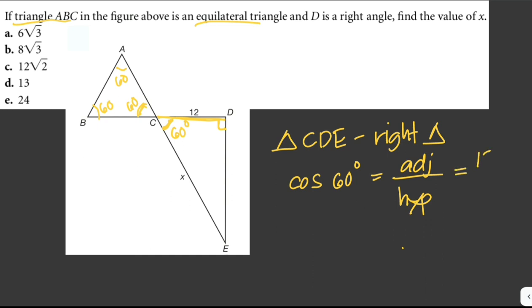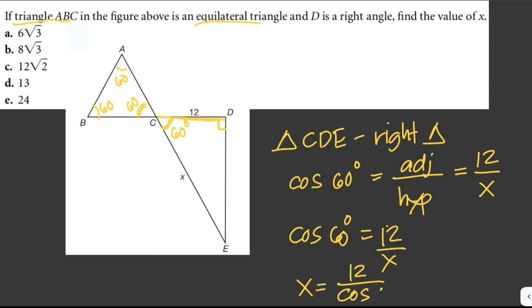So that would be 12 over x. So cosine 60 degrees equals 12 over x. Then x is just 12 over cosine 60 degrees. Using the calculator, this would give us a value of 24. So the answer here is letter E.